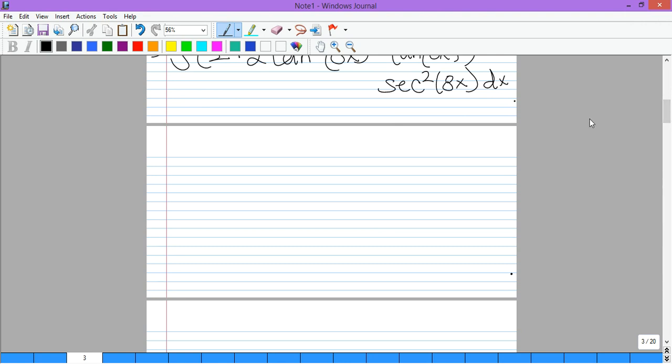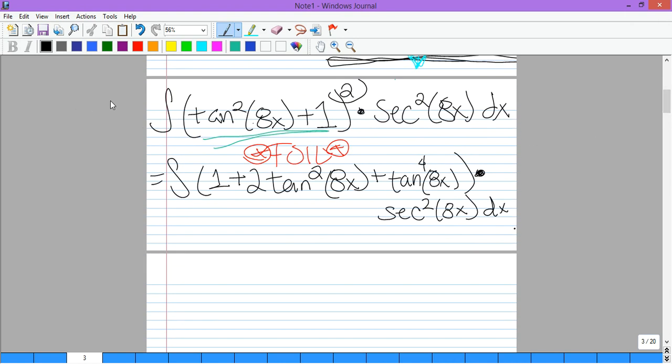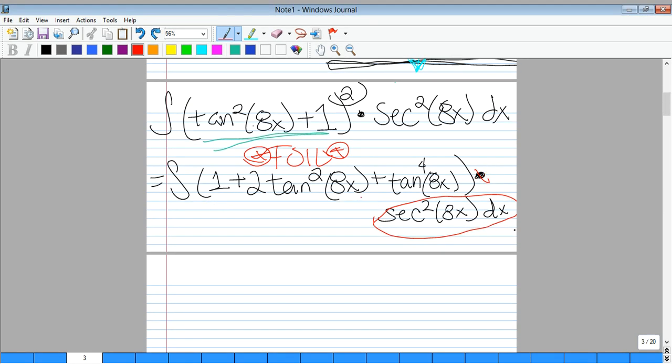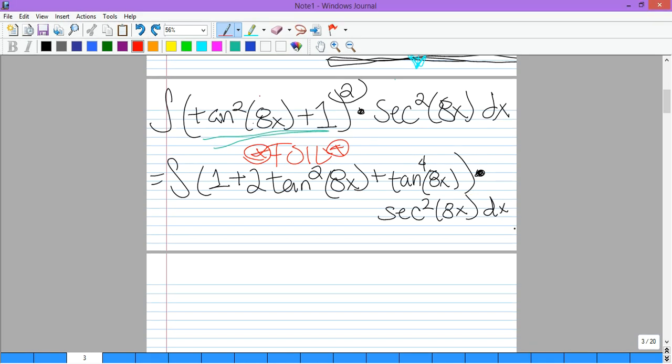So now that we have that, it's important to note that we're going to have to do some distributing. Since this portion right here is a factor being multiplied by the entirety of this, we're going to distribute it into our problem.